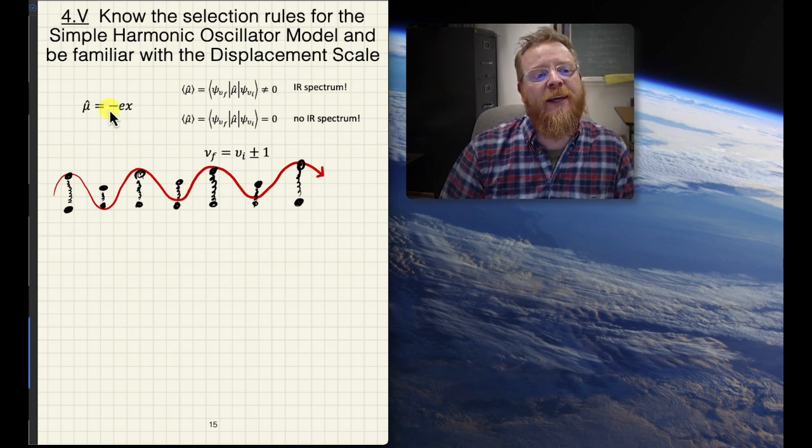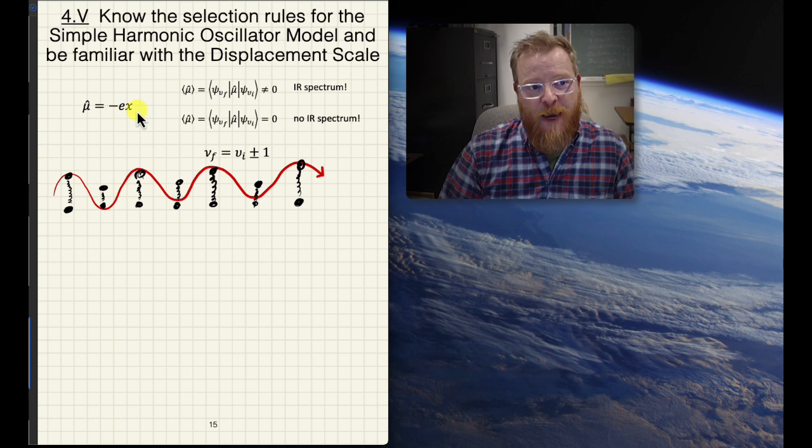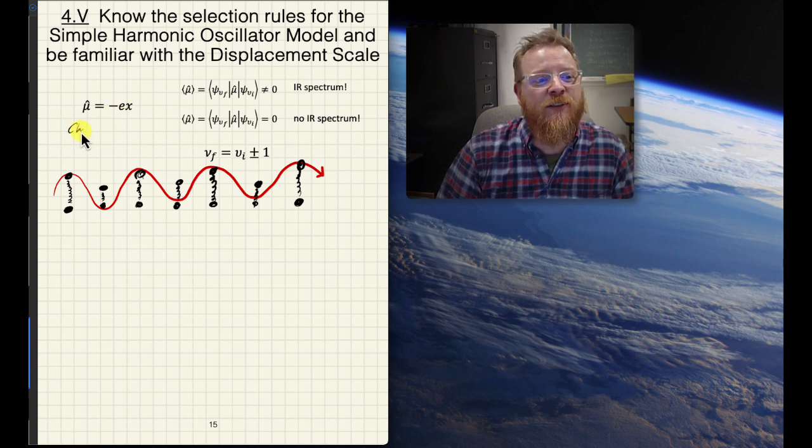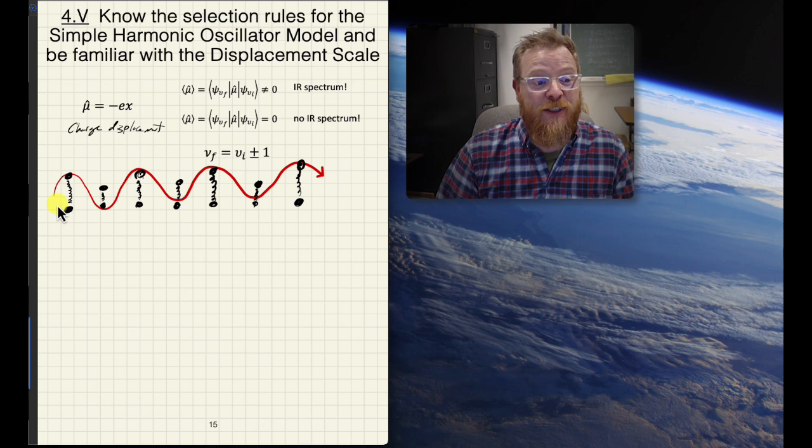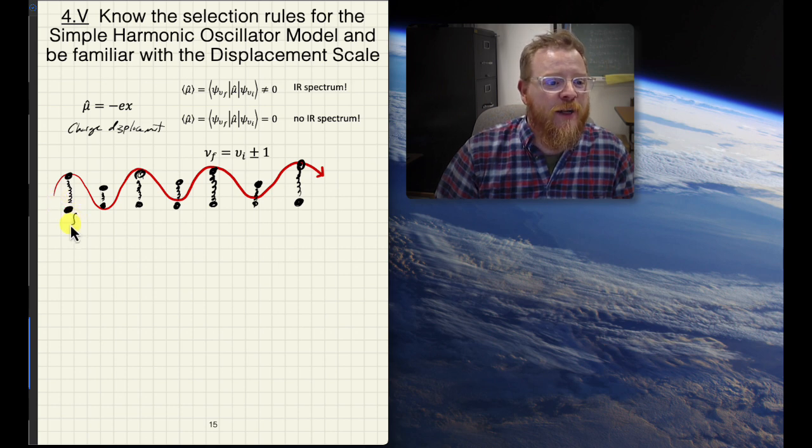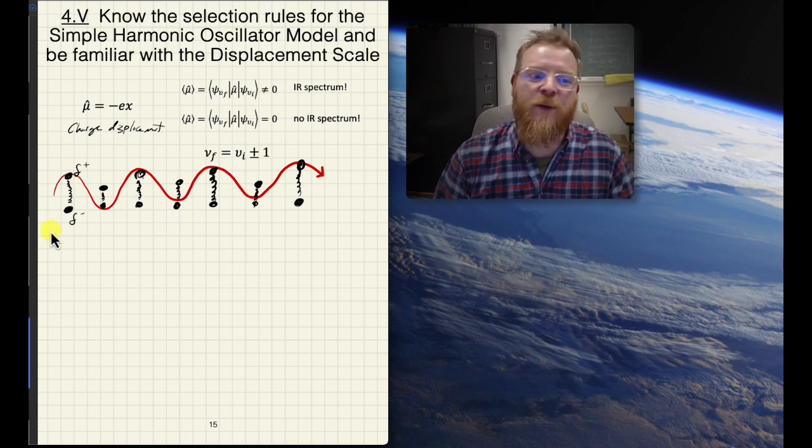So if we look in this dipole moment operator just in a little bit more detail, what we're really seeing here is charge displacement, right? So if there is charge displacement amongst these molecules, and I'll just show that with a partially negative and partially positive, or the other way around, right?